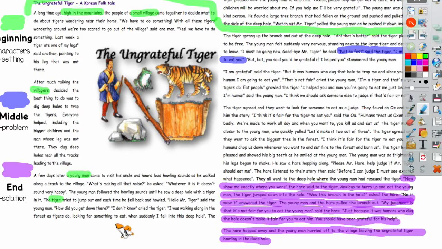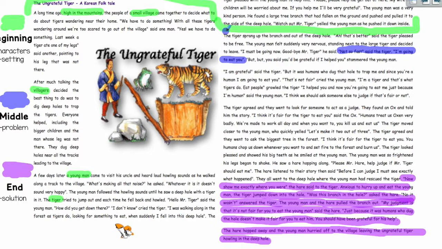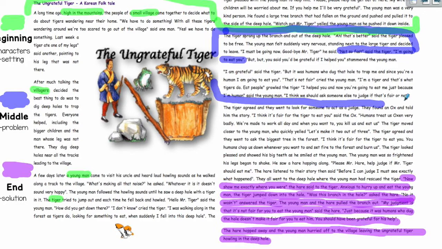This whole section is the beginning. Now the middle is whenever the tiger wants to eat the human. That's from paragraph 5 and 6. So this section of my story is the middle.